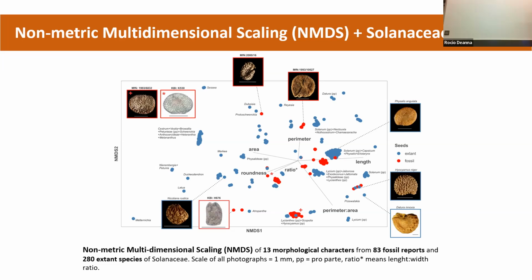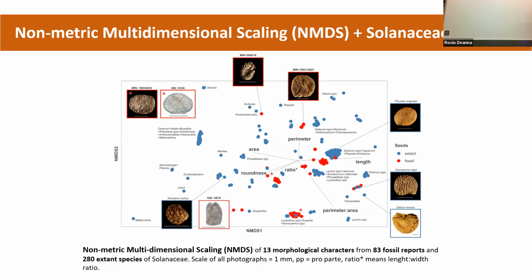And the ones that cluster all together probably belong to one single species, and we can see in that way what would be the stratigraphic range. Also, this is one Physalis fossil that was described in Germany, but it clustered with one extinct fossil, Nephrosemen, that was described here in America.